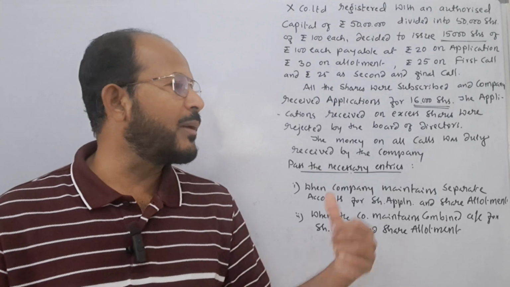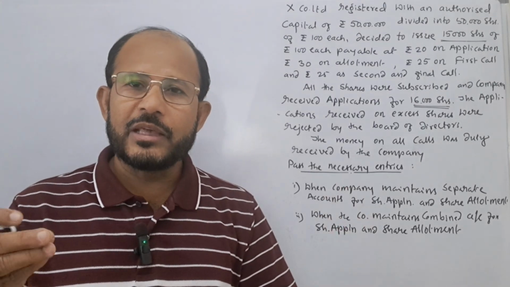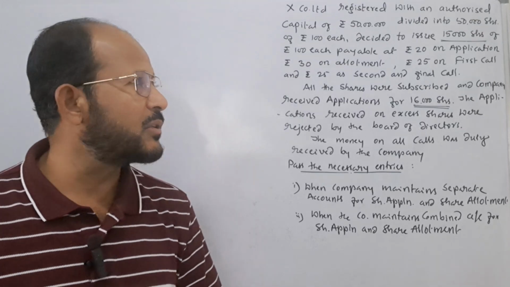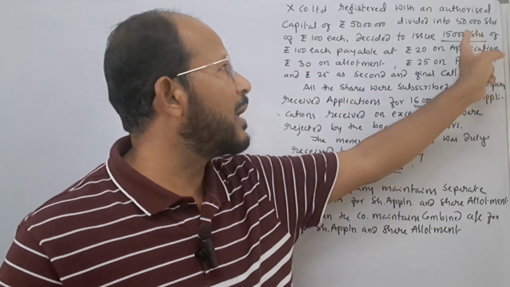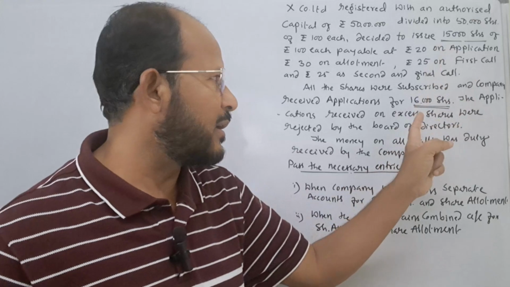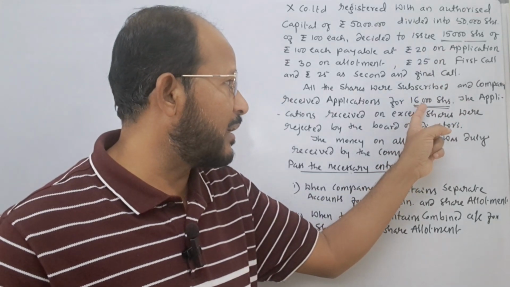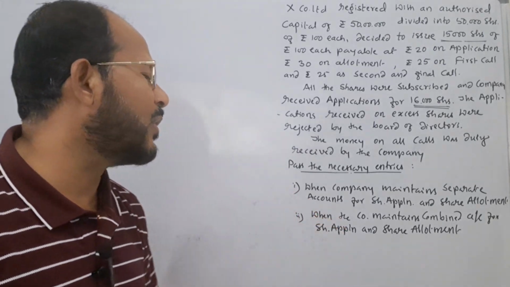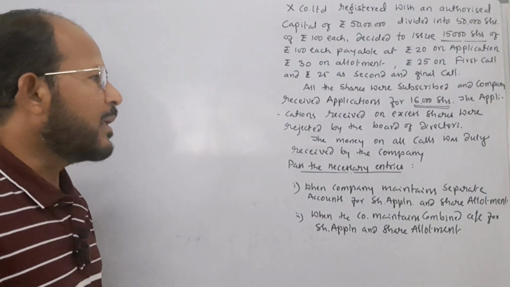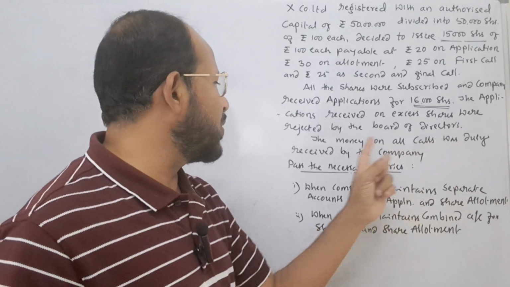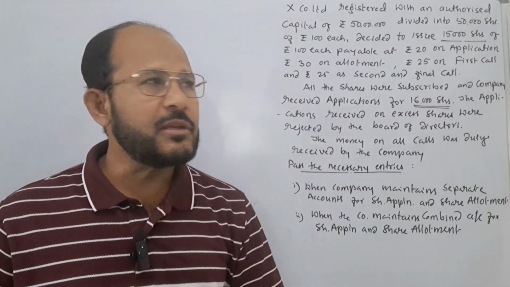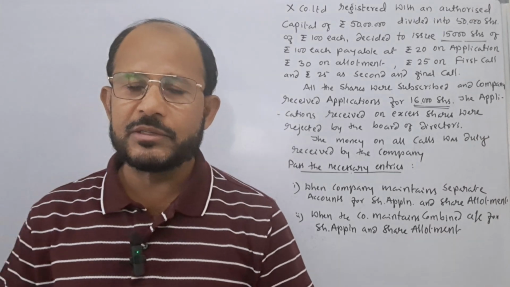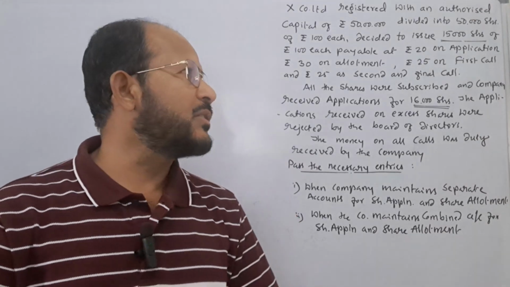That is why the board of directors have rejected the applications of 1,000 shares, because they need to allot only how many shares? 15,000 shares. Therefore, out of 16,000 shares, 1,000 shares applications were rejected. The money on all calls was duly received by the company. It means as and when the company demanded the amount from the shareholders, the complete amount was collected.